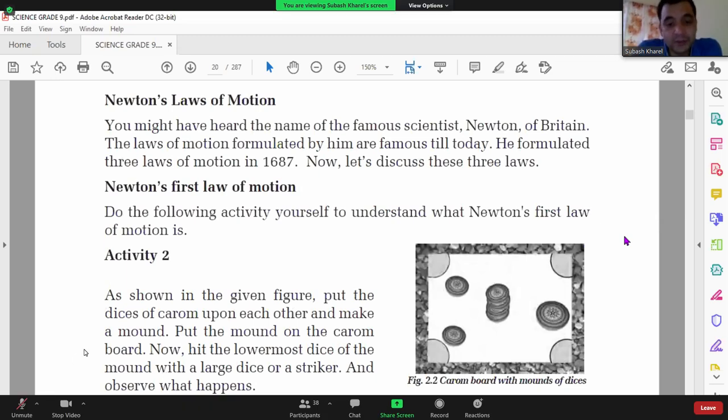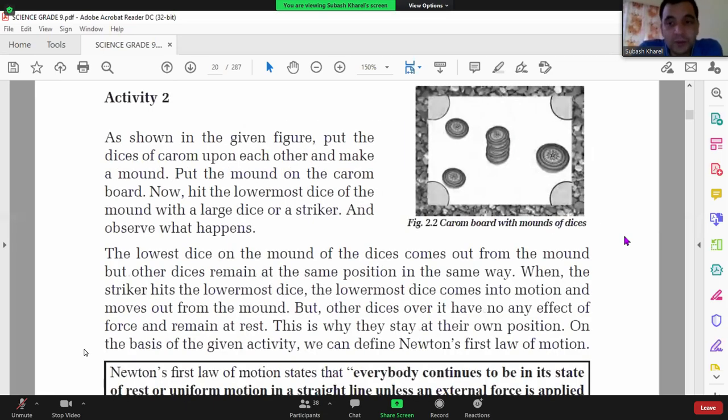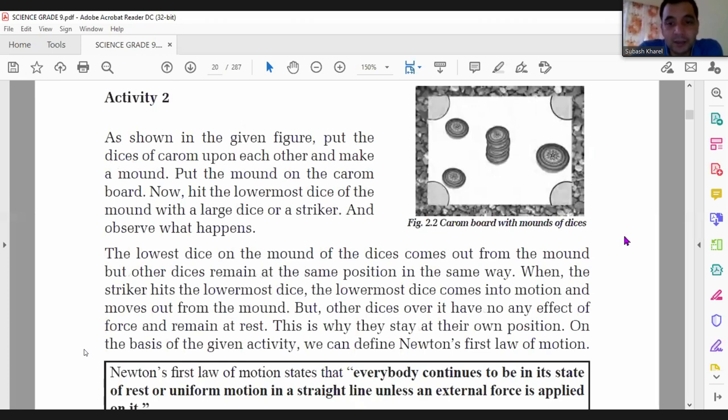External force is needed, isn't it? So when we apply the external force, only at that time may the body change its state from rest to motion or motion to rest. What is force? Force is an agency.